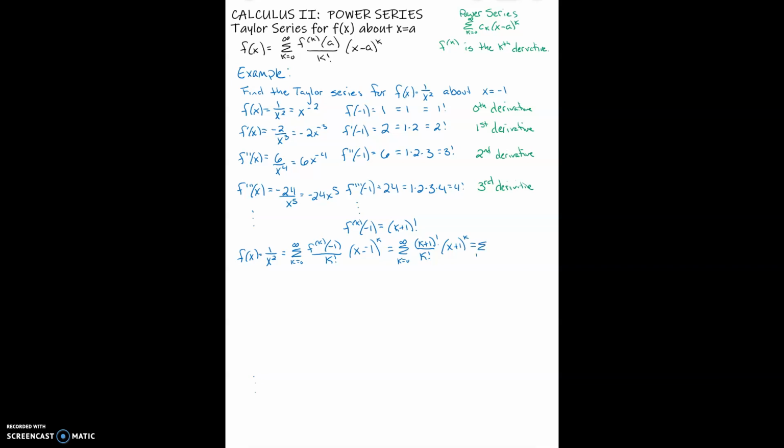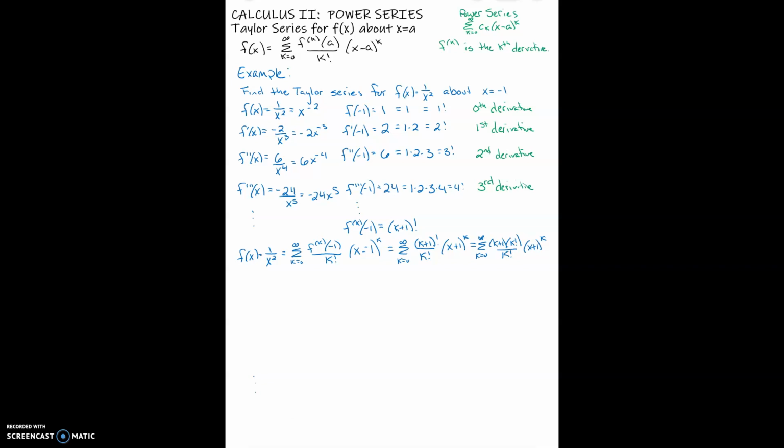I can simplify this just a wee bit more. I know that k plus 1 factorial is k plus 1 times k factorial. And then I also see that we can reduce out those k factorials.